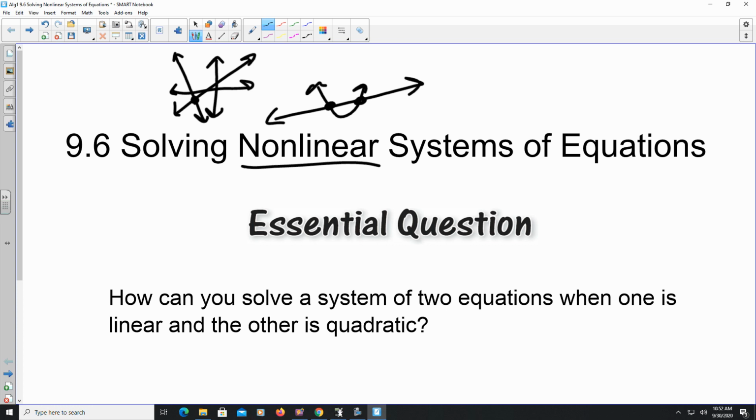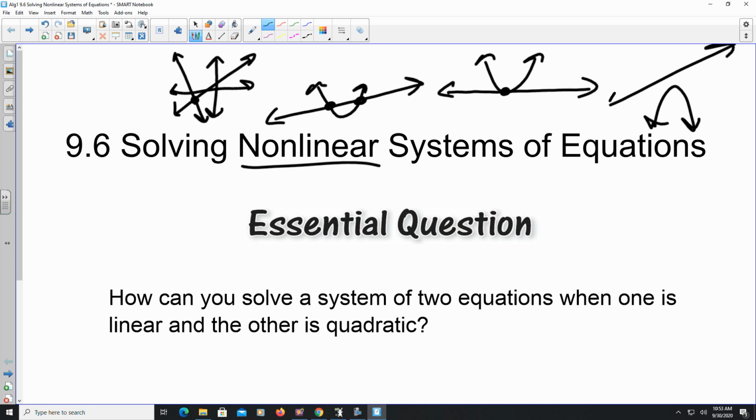We have the possibility of having one solution, like right there. So this is my line, that's my parabola. Or we have this situation where you could have a parabola and a line that don't cross. So this is two solutions, two coordinates, one solution, one coordinate, and zero solutions.